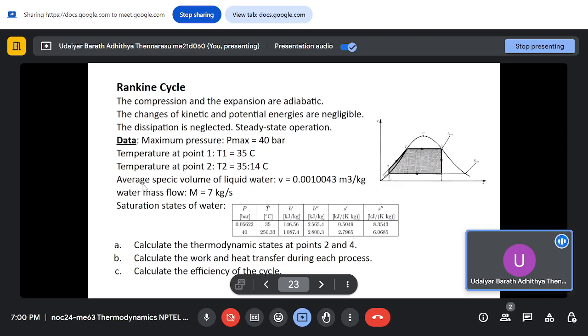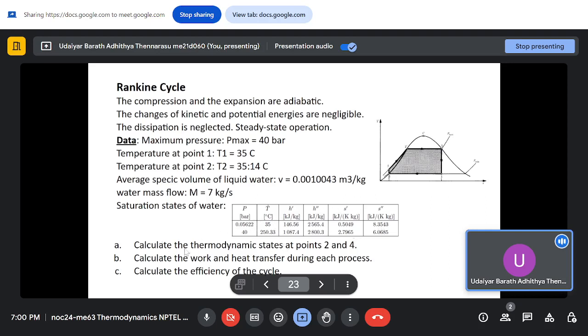The average specific volume of liquid water is given as 0.0010043. Then the mass flow of water is given as 7 kg per second. The saturation states of water are given corresponding to 40 bar, which is the maximum pressure, and 0.05622 bar, and the corresponding saturation temperatures, enthalpies and entropies are given.